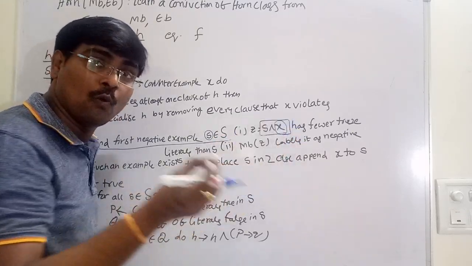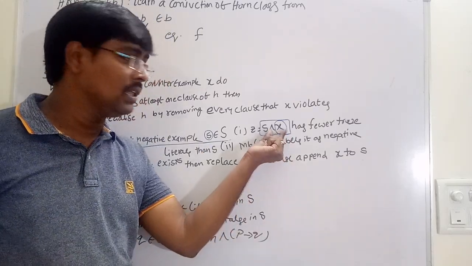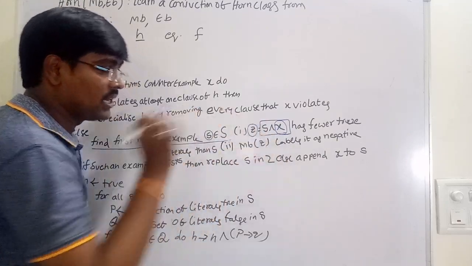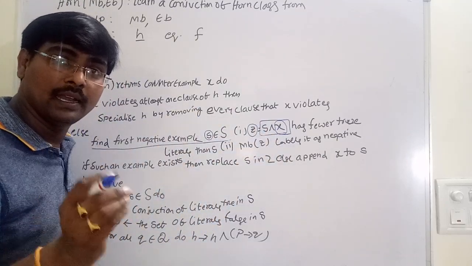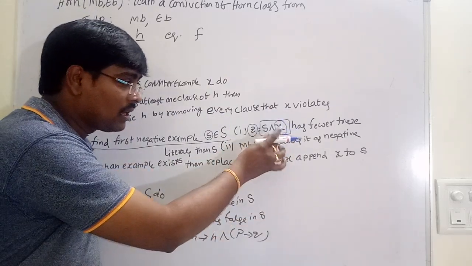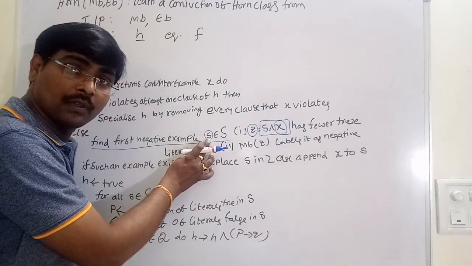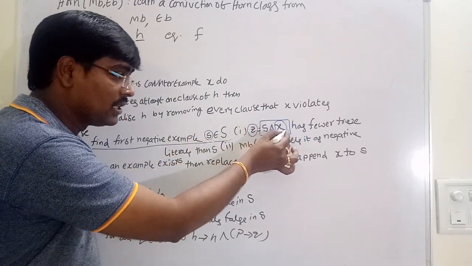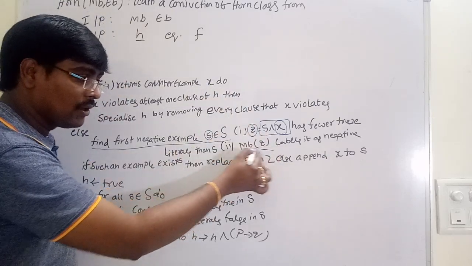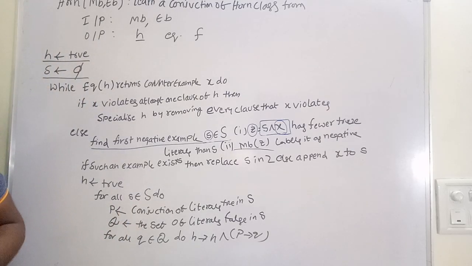That means we are identifying the true literals, and the true literals are passed to Z. We are not blindly placing X. We are making the true literals by intersection with any one of the negative examples. If it is intersected into Z, this Z is placed in the membership oracle.